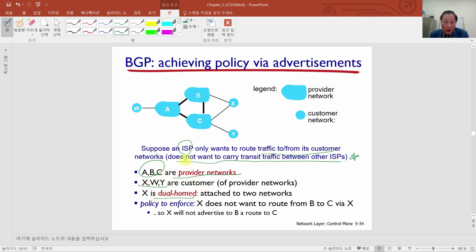X is dual homed: here X is connected to two internet service providers, thus it is called dual homed, attached to two networks.